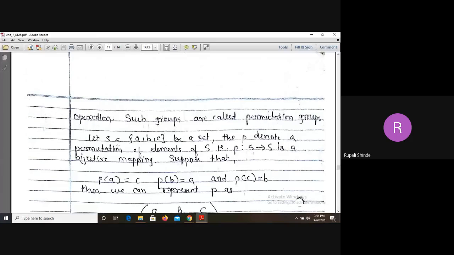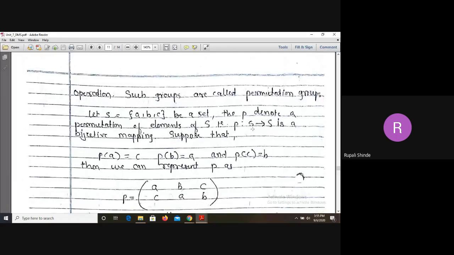One example is given and that set consists of 3 elements A, B, C. Then permutation P is given as a mapping of set S onto S, and it is a bijective mapping.